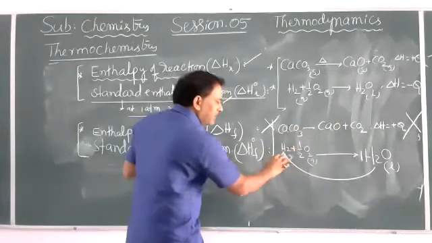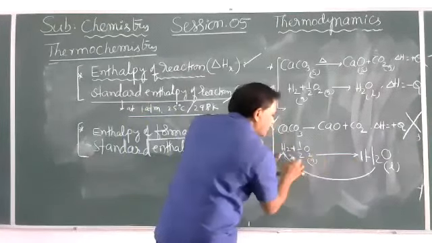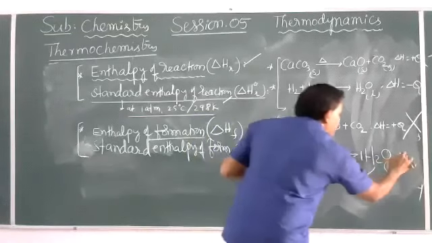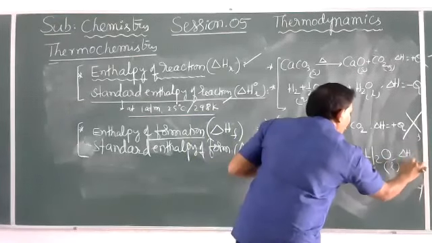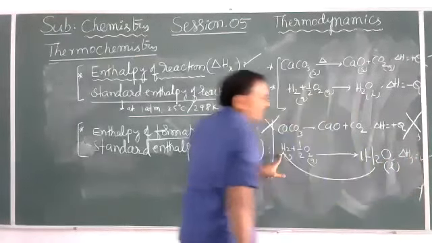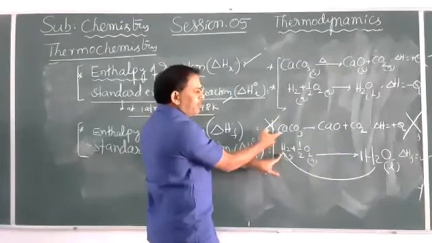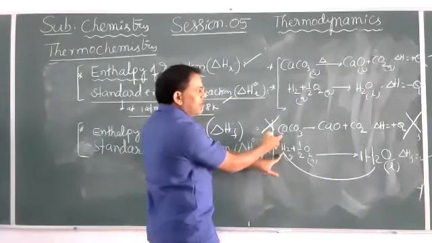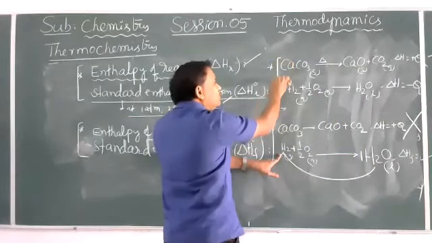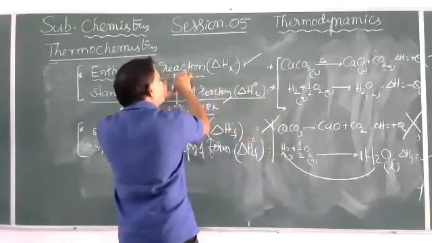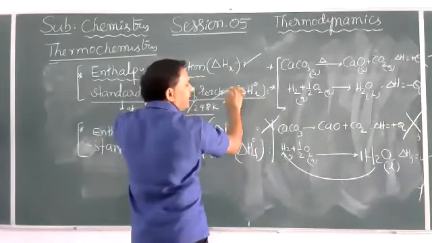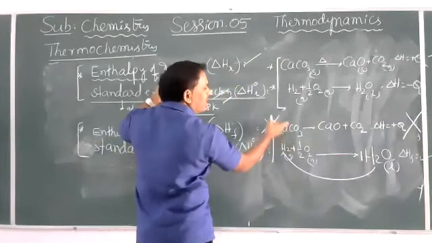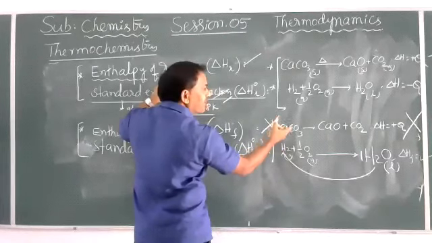That's why the formation of water from its constituent elements is the best example for enthalpy of formation. But here it is not an example for enthalpy of formation. So these two are the best examples for enthalpy of the reaction, but not suitable for enthalpy of formation.